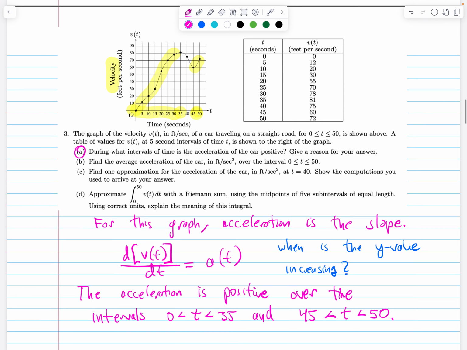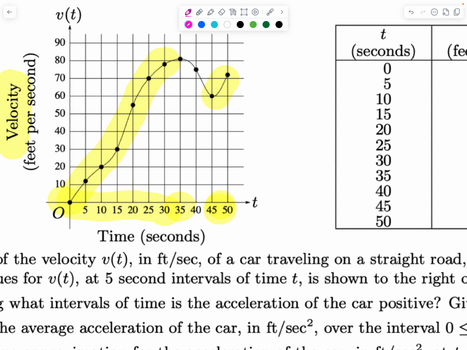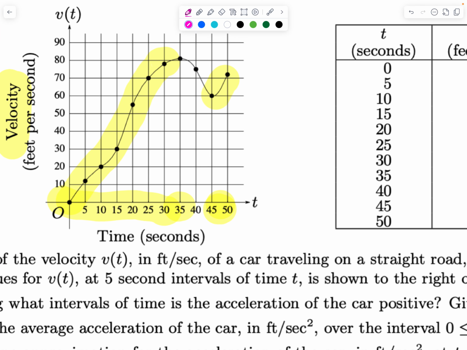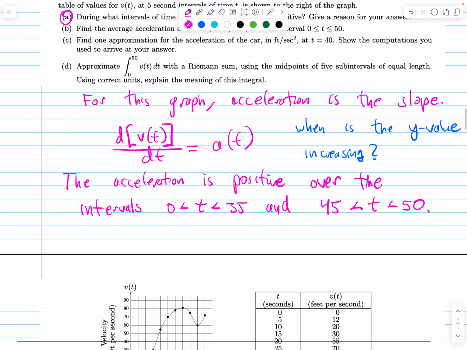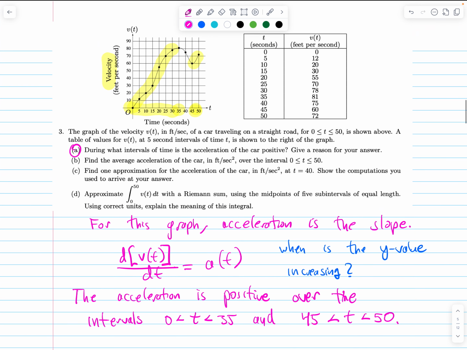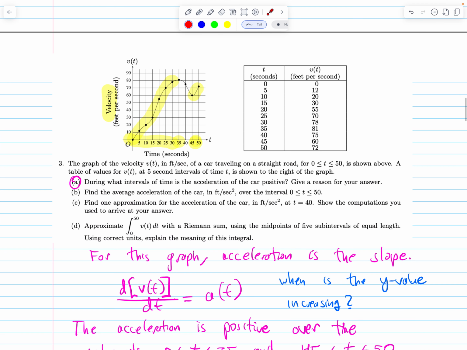It looks like 0 should be included in that. I mean, it's not starting with a slope of 0. So it looks like this car was moving pretty quickly right away, but I definitely would not put little equal signs under t equals 35 or anywhere here, because at these peaks and valleys, the car should neither be decreasing nor increasing.